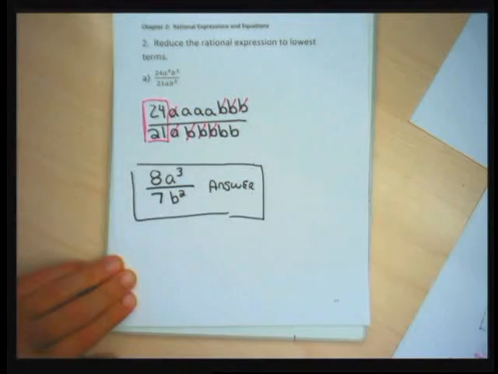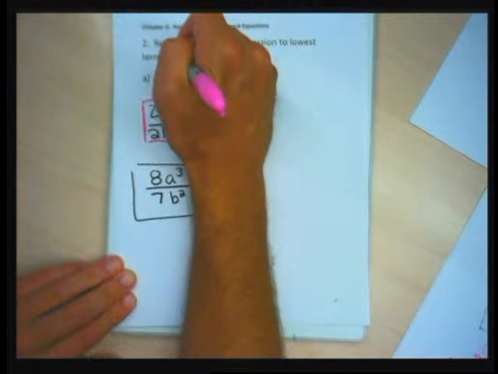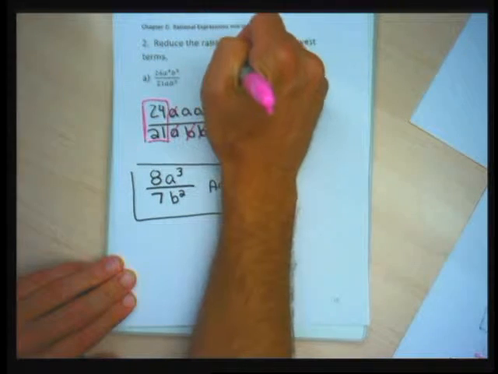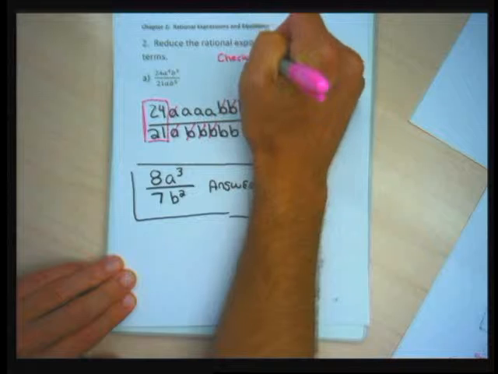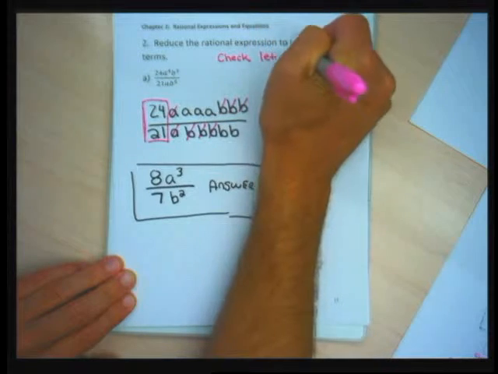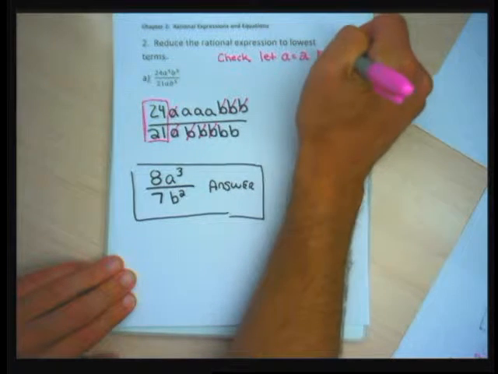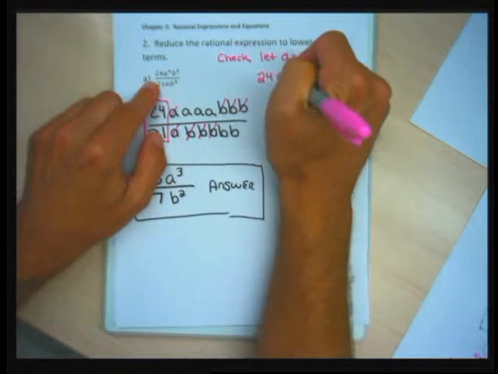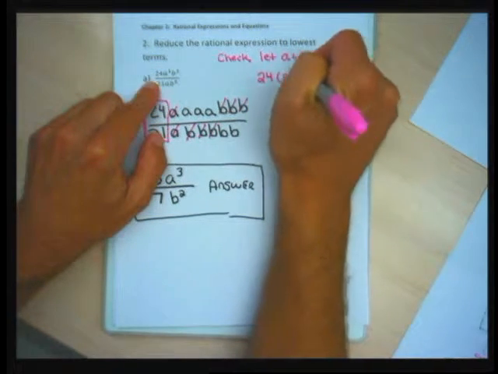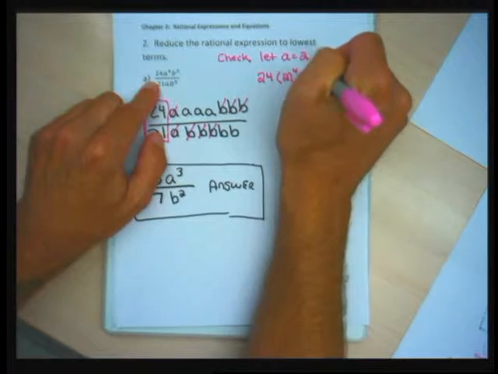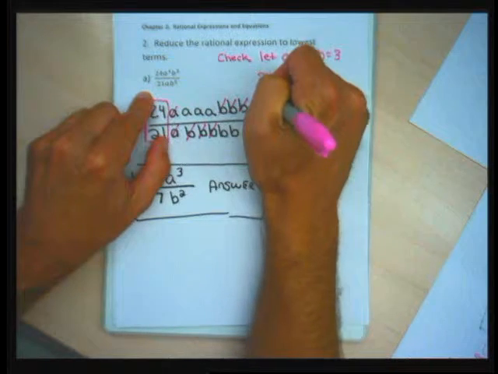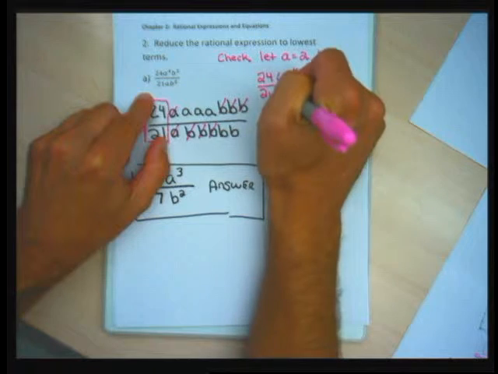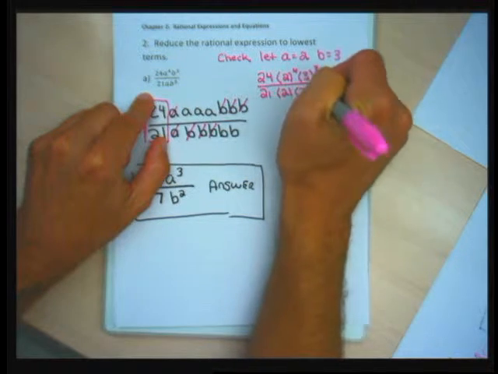And I don't like picking one, so I'm going to pick 2 for a. So for checking, I'm going to let a equal 2 and b equal 3 and go to the original problem and go 24 times 2 to the 4th times 3 cubed over 21 times 2 times 3 to the 5th.